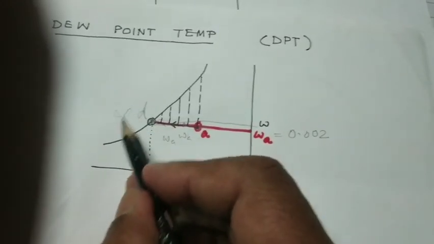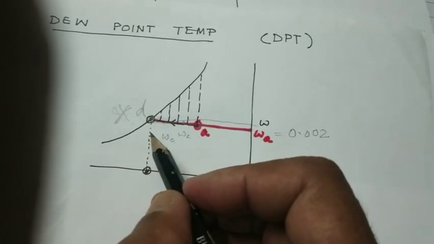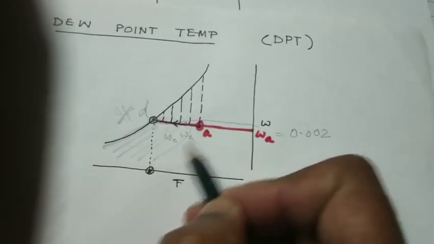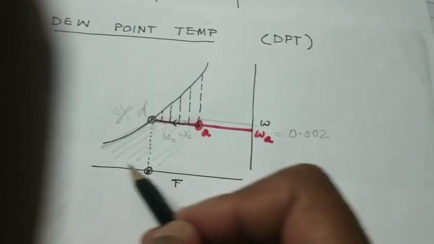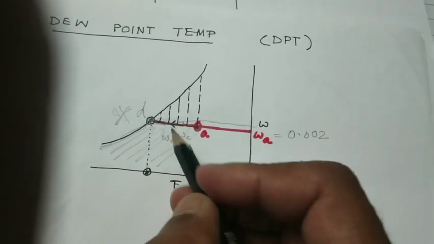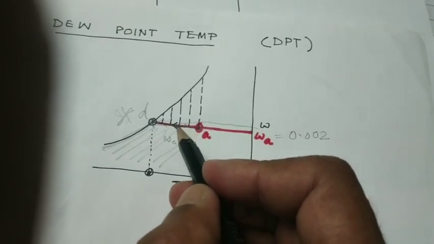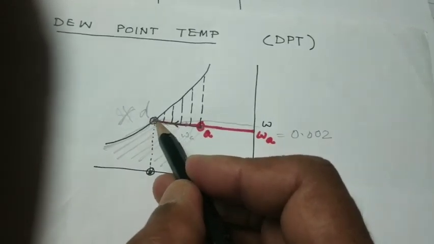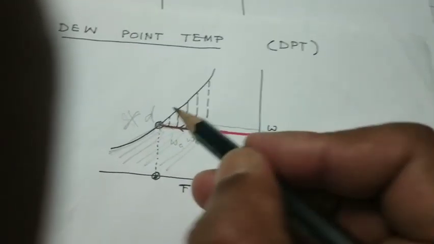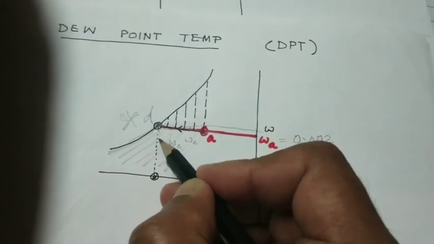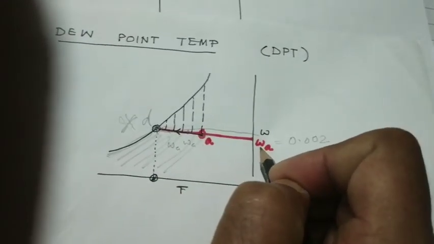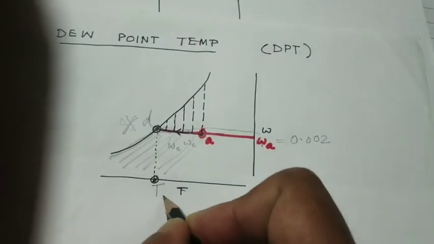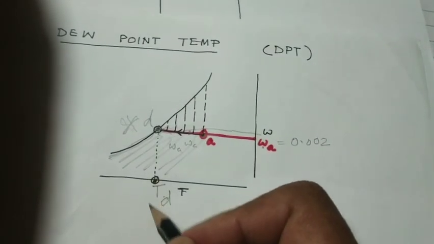Beyond the saturation curve, there is nothing that you can assume. You have to be within the saturation curve. Everything is within the saturation curve. So the air has to be within the saturation curve. It cannot go beyond. So if A drops its temperature and comes to a value where it has a condition where omega A for this value of temperature, supposing this is D, what is TD?